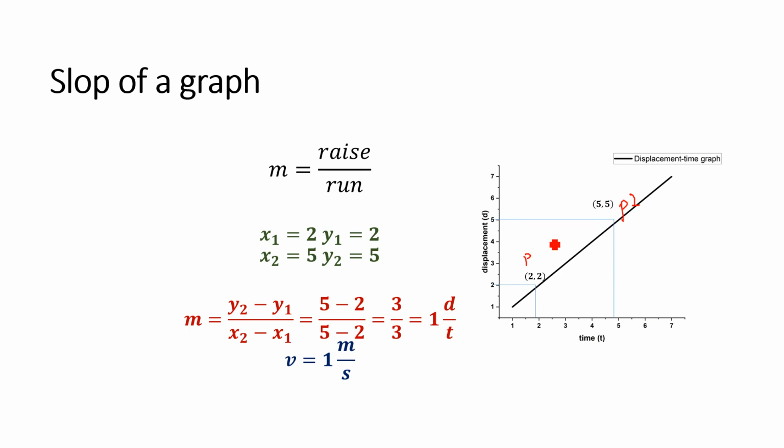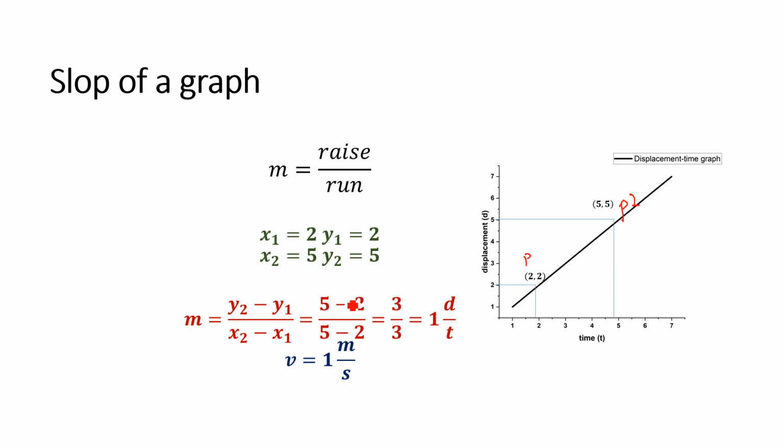The slope between these 2 points we know will be equal to rise divided by run, and here x1 is equal to 2 while y1 is also equal to 2. Now at point 2 x2 is equal to 5 and y2 is also equal to 5. Now the slope of this graph is equal to y2 minus y1 divided by x2 minus x1.